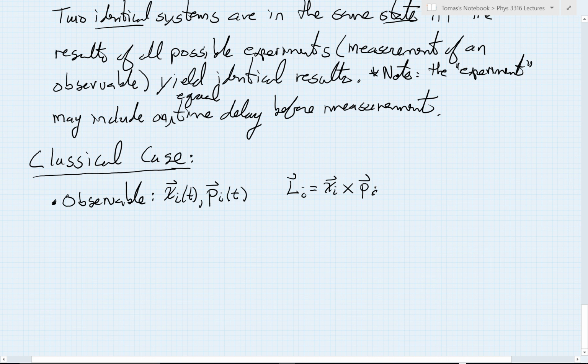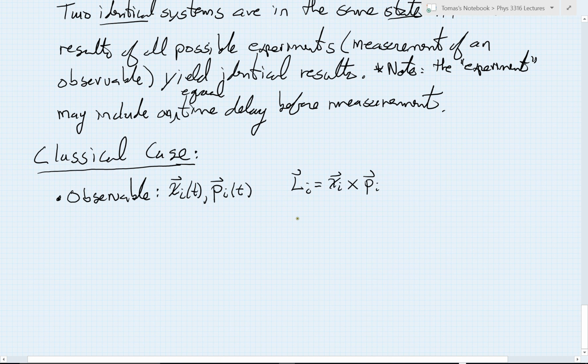Some of the other quantities, you may measure the energy, say, of the system, the total energy, or what we like to think of as really the Hamiltonian. Well, you can go and measure that. You can determine it if you happen to know all of the momenta and the potential function in terms of all of the positions of the particles. And there's a whole list of these things.